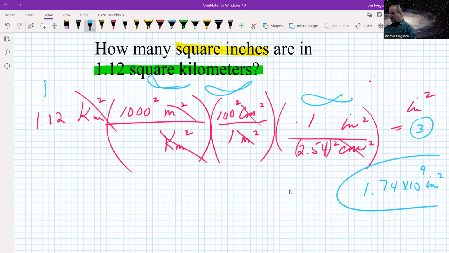So why don't you all make sure you get the same answer as I got here. Go ahead and work that out. And for the 1,000, you can go 1,000 carat squared, if you want, or you can just go 1,000 times 1,000.